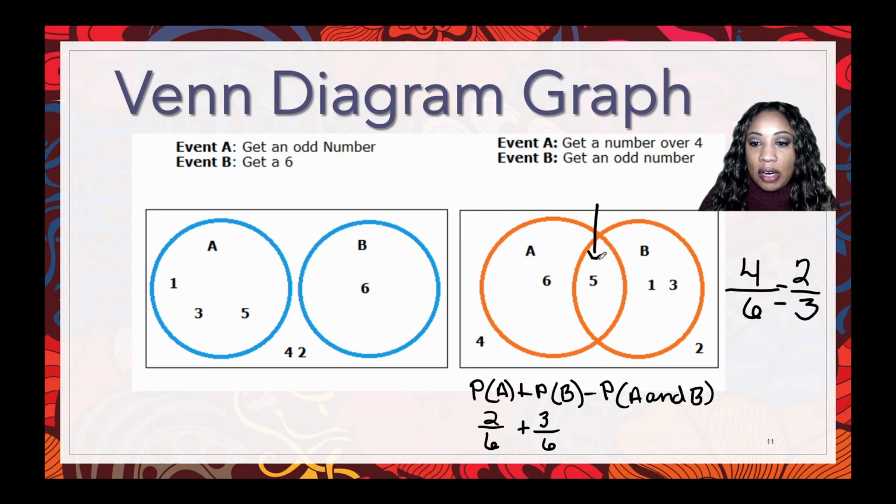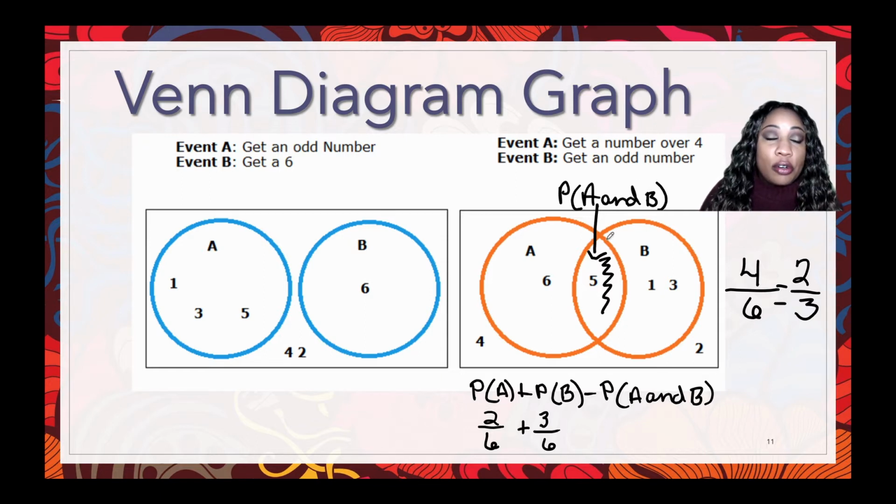And this overlap is the probability of A and B. So remember, 5 goes with probability of A and also the probability of B. So since we counted it twice, we have to subtract one of them. So when it says minus the probability of A and B, we are subtracting.